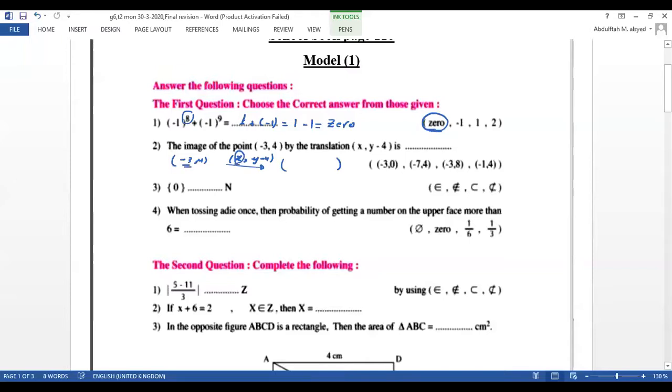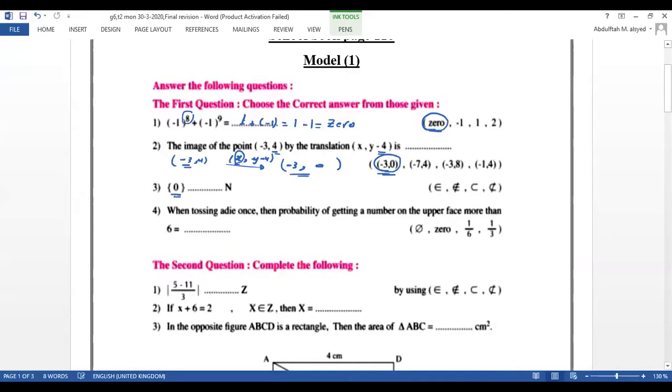So the x coordinate will be the same, negative 3, and for y, 4 minus 4 is 0. So the image is negative 3 and 0, okay?